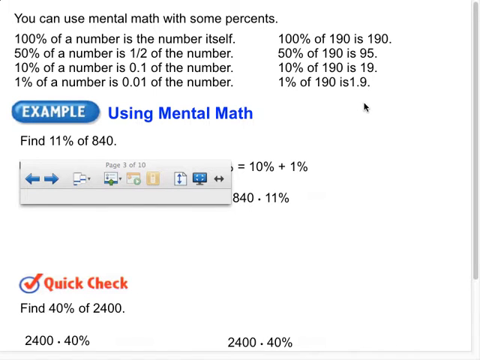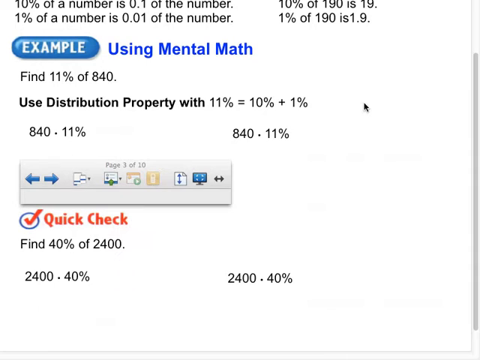Okay? So let's take a look at this. And if you notice, we're using distribution property. And that's why we had that in the warm-up. So 11%, and this is the example in the book, you could think about as 10 plus 1%, right? Isn't 10 plus 1% 11%? Now we can set up our distribution property problem. Here we go.